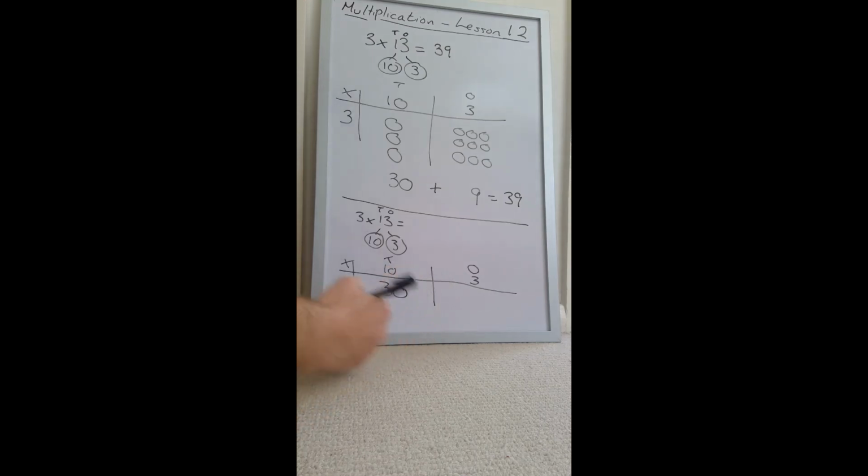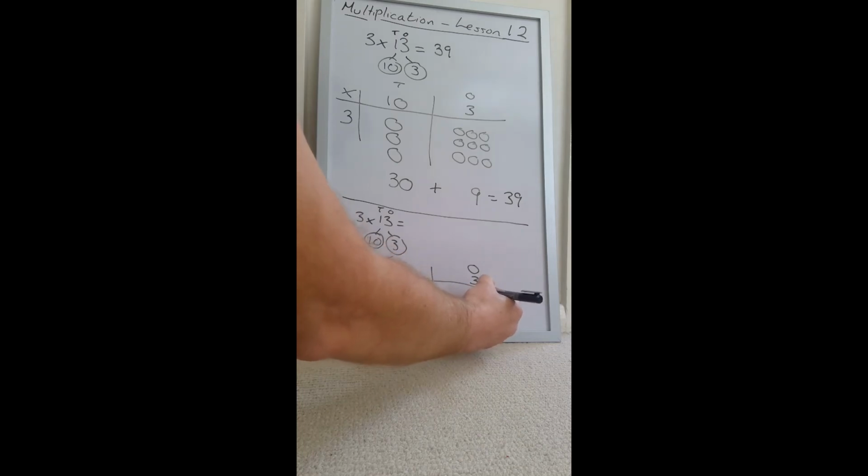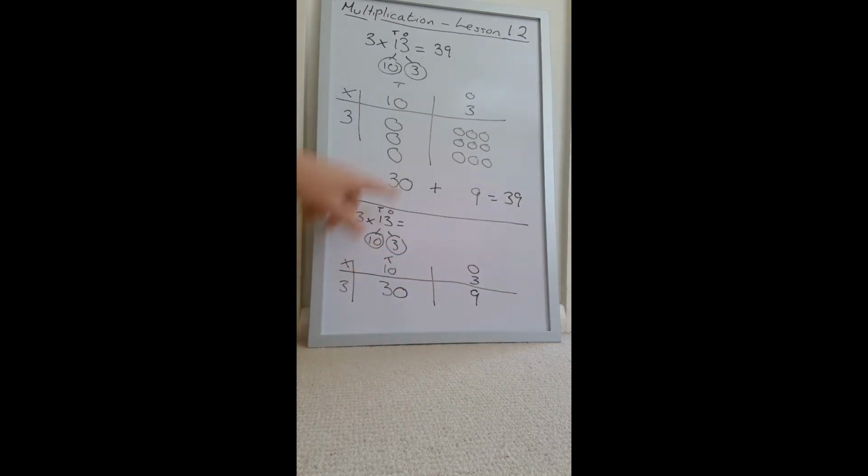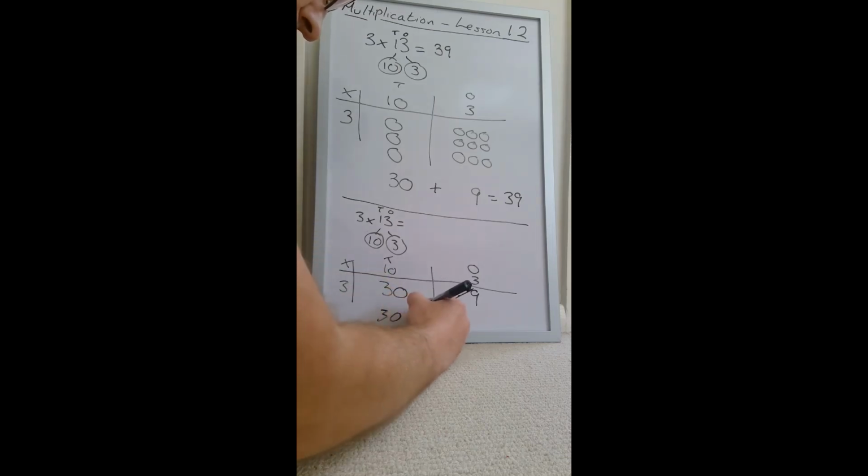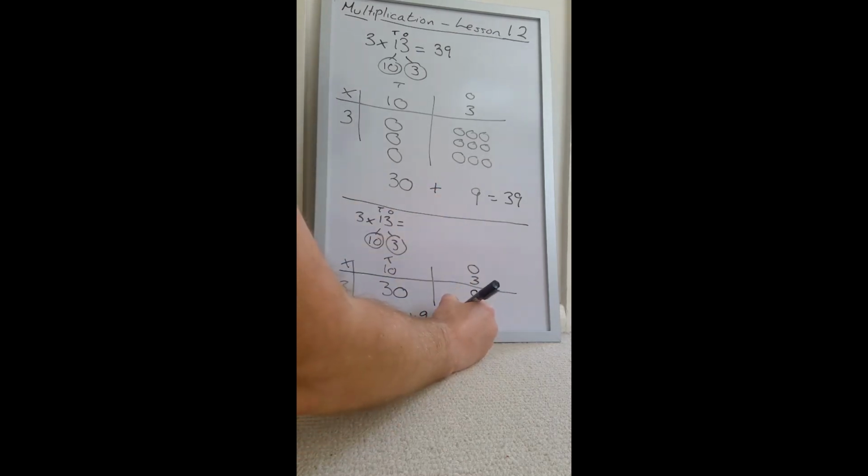And then come over to the ones. 3 times 3 is 9. You'll notice here we have the same answers as we had before, except we'd used the array. We now solve this problem by rewriting the number sentence. 30 plus 9, just as we did above, and we solve by recombining, 39. You can write the answer here.